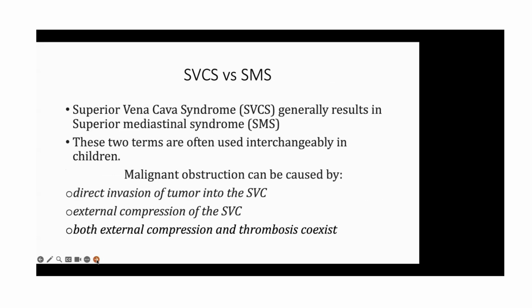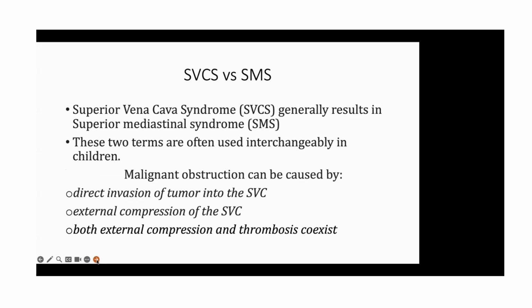So let's subdivide superior vena cava syndrome versus superior mediastinal syndrome. I have to say that superior vena cava syndrome results in SVCS, and these two terms are often used interchangeably, especially in children.